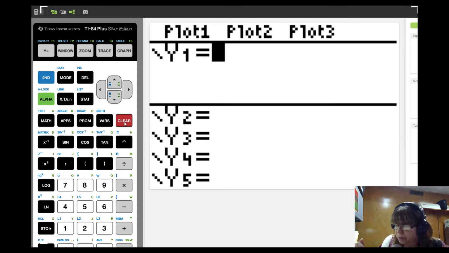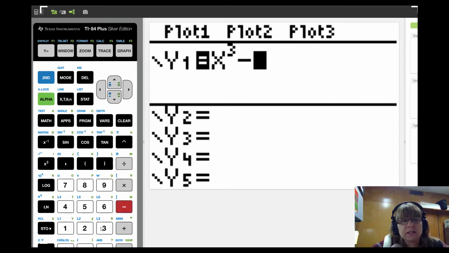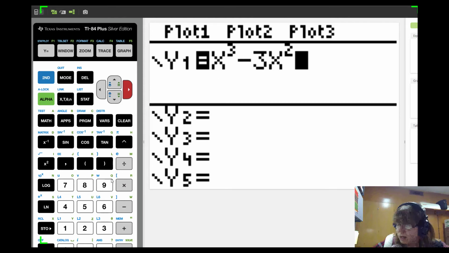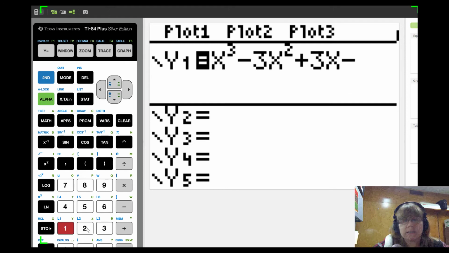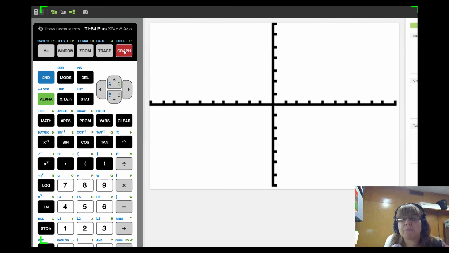And we have x cubed minus 3x squared plus 3x minus 1. All right, let's graph it and see what happens.